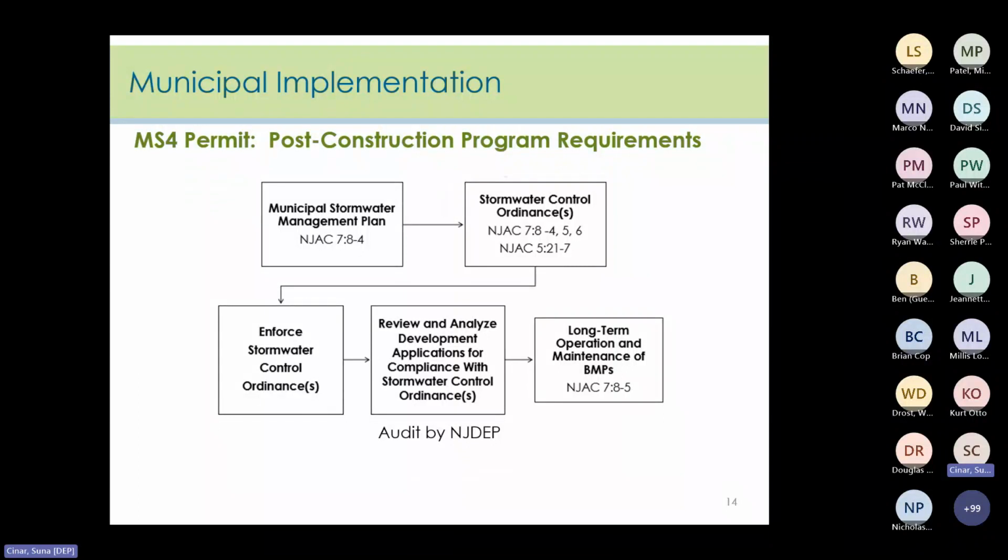The last citation in the SCO box is N.J.A.C. 5:21-7, which is the part of the Residential Site Improvement Standards or RSIS pertaining to stormwater management for residential development. The permit states that RSIS applies to all areas of the Tier A municipalities.